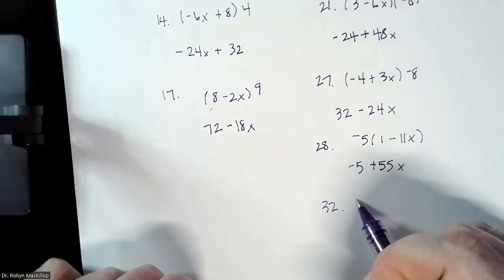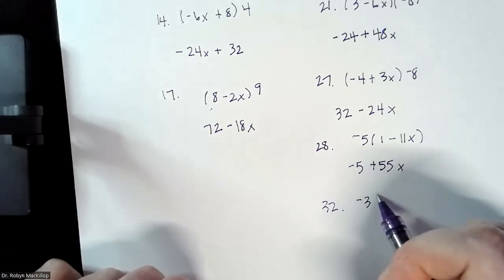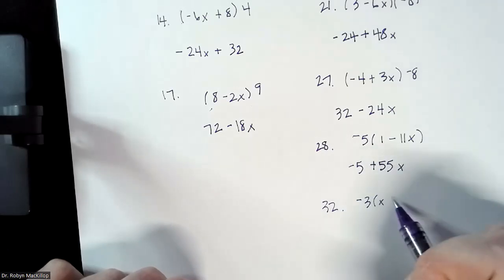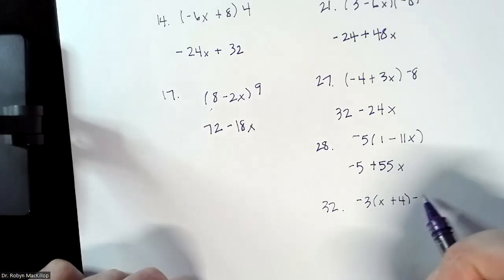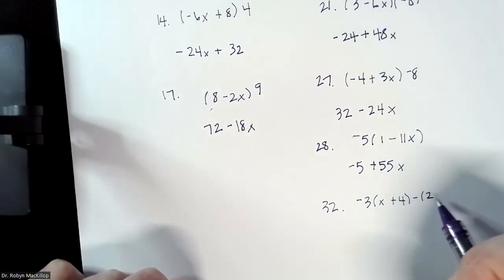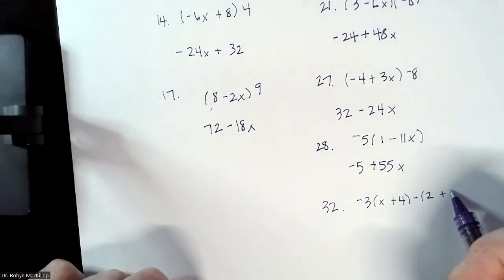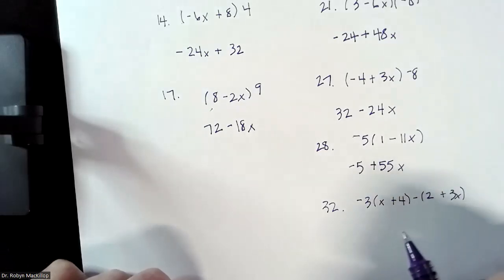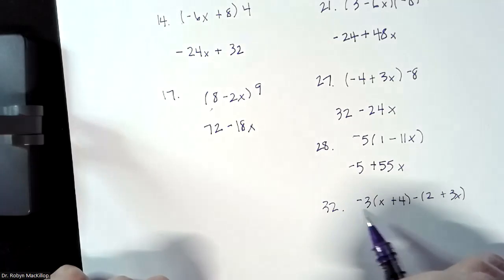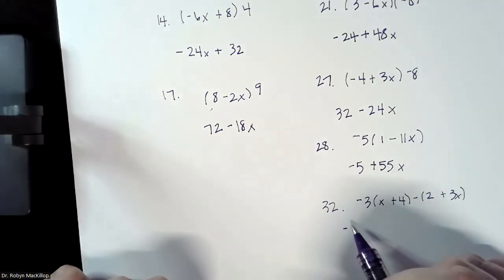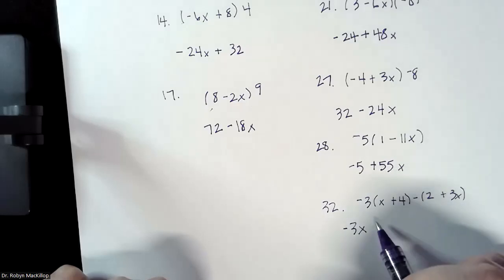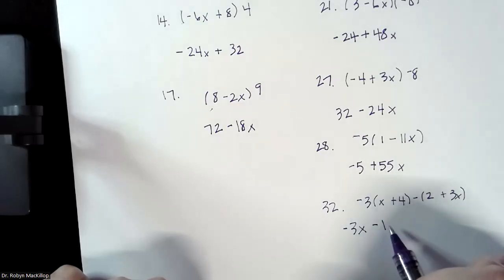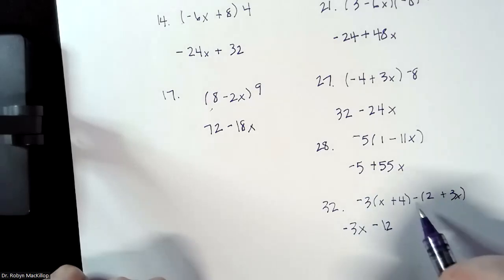And that one was -3 times x plus 4 minus 2 plus 3x. Nice long one. -3 times x is -3x. -3 times 4 is -12.